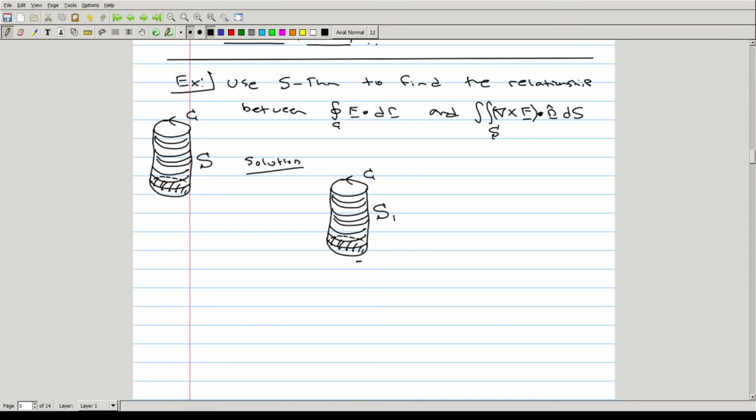We'll call the bottom S2. We also have a bottom curve here, our contour around the bottom, which I'll call C1 as well. That'll be important.